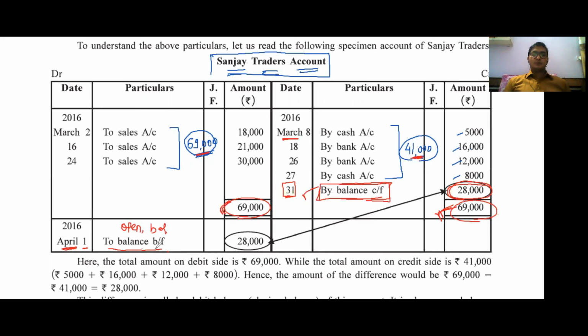To balance brought forward, or we can write brought down, amount 28,000. Simple. So now here it is called closing of account, or we can say find out the closing balance. So in every account, you have to do the same procedure.